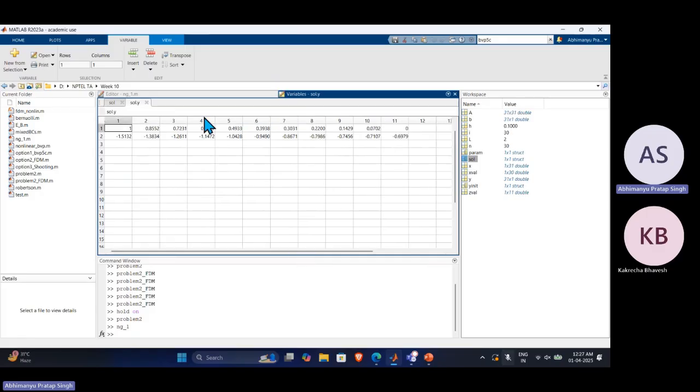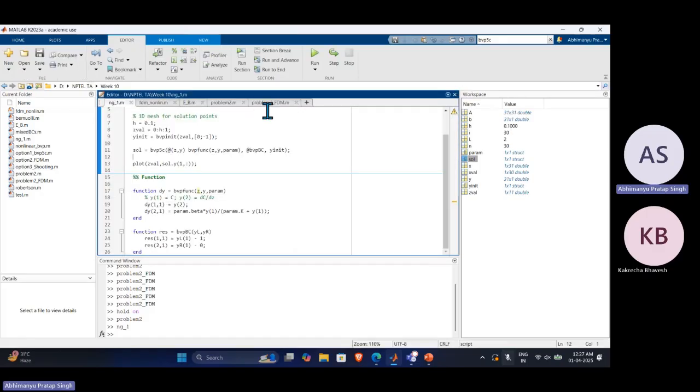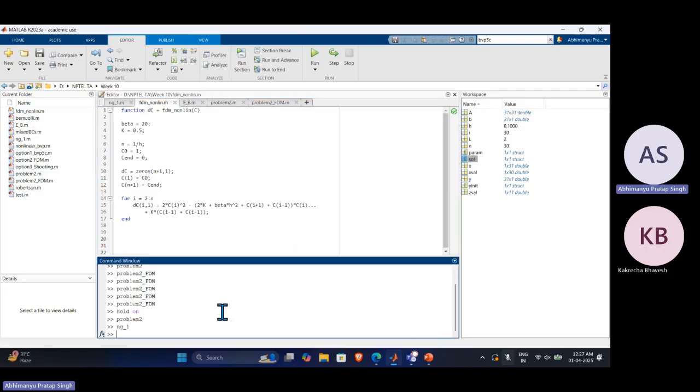I will take 0.5 as the initial guess for this. fsolve at the rate C, FDM nonlinear, and we need the initial guesses.